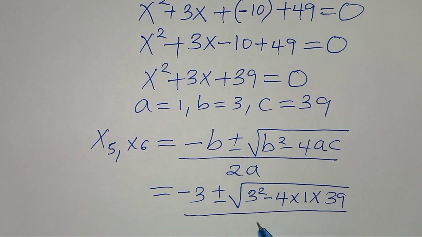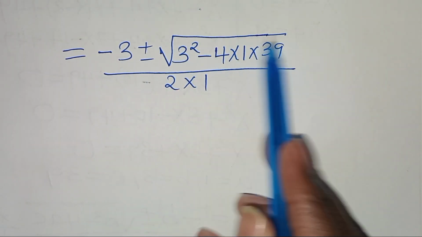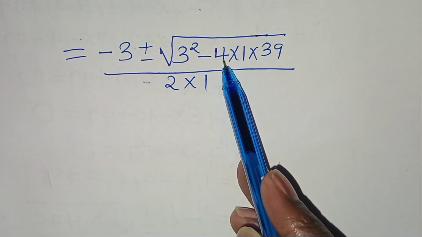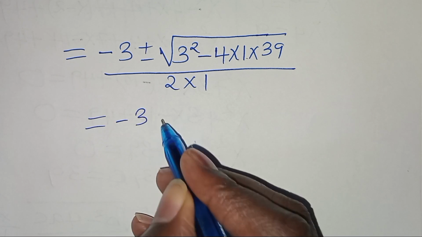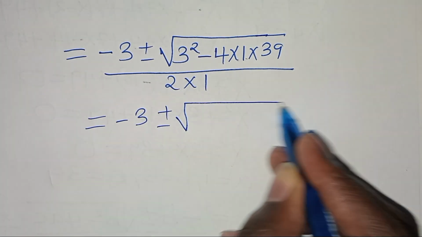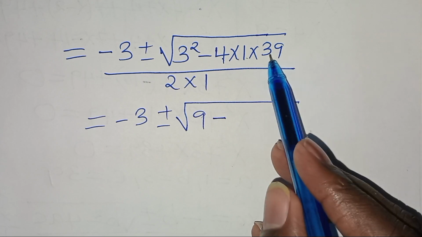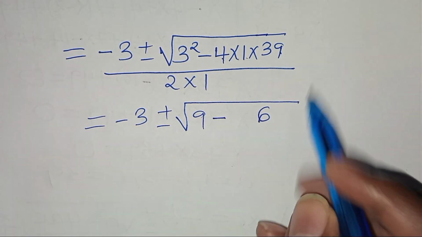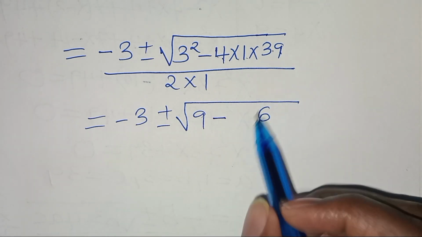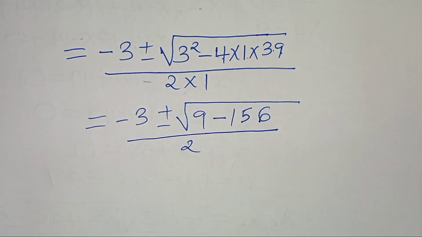All this divided by 2. Now here we have negative 3 plus or minus the square root of 3 squared minus 4 times 1 times 39 divided by 2. Now 3 squared, this is 9. Subtract 4 times 39. So this is 9 times 4, which is 36. 6, carry 3. Then 4 times 3, 12 plus 3, this is 156 divided by 2.